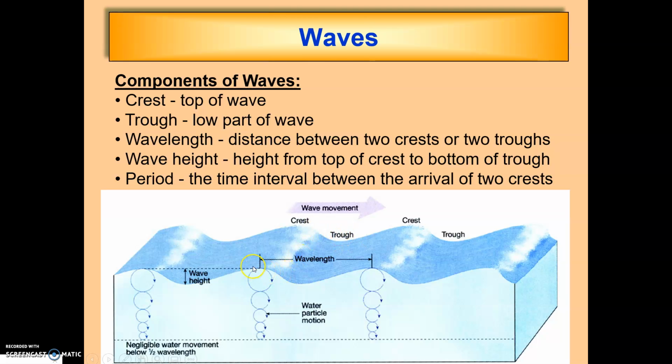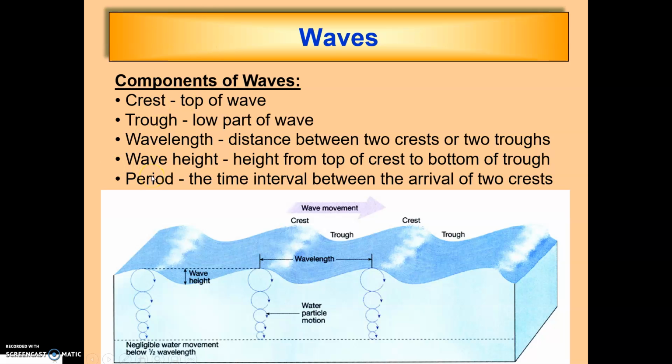Then we have the wavelength, which is the distance between 2 crests or troughs in a wave. The wave height is the height from the top of the crest to the bottom of the trough. And there's also a period, which is the time interval between the arrival of two crests.